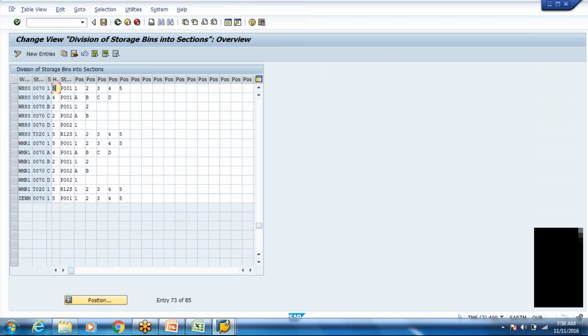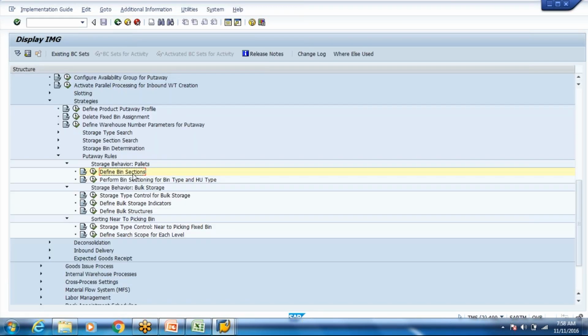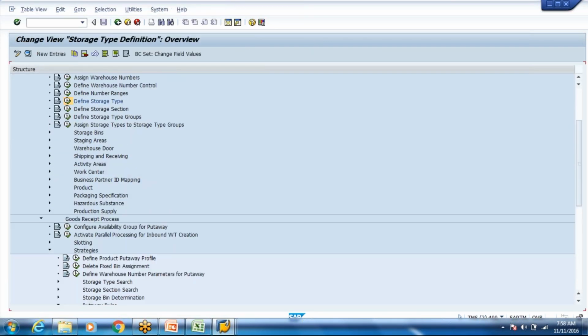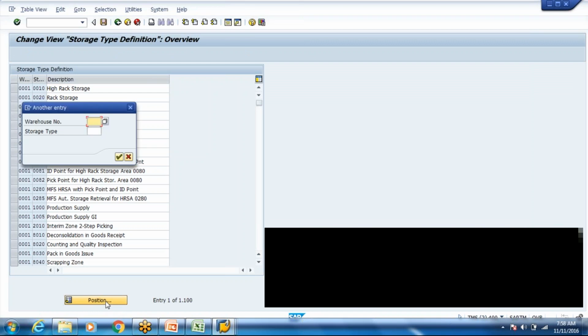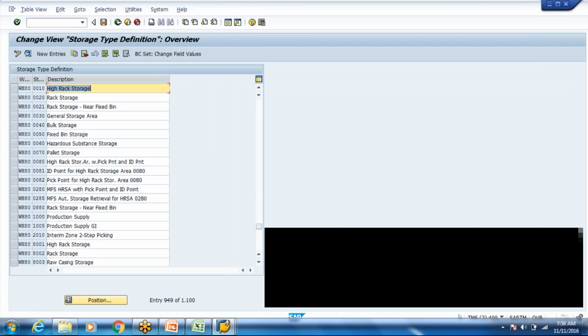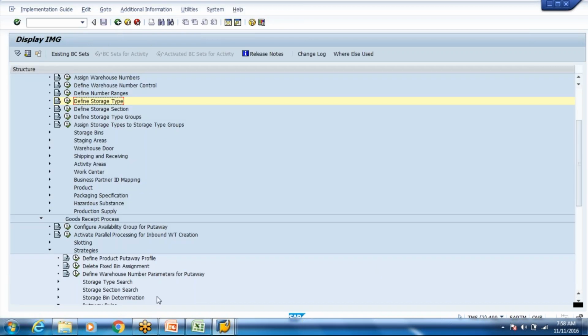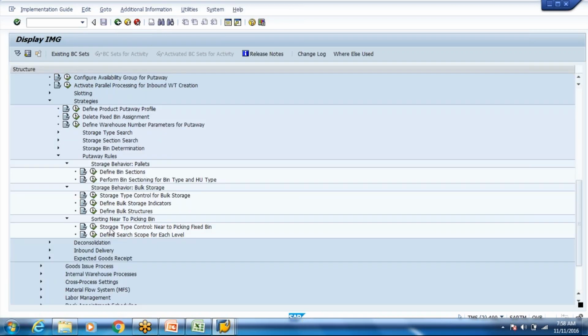Then we'll fix section 00. So we have the pallet strategy in which storage type for us. 8006.